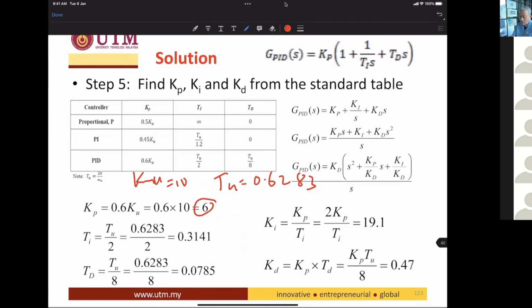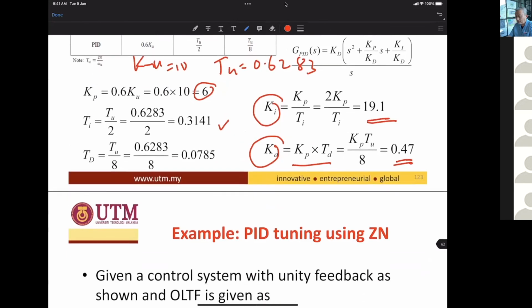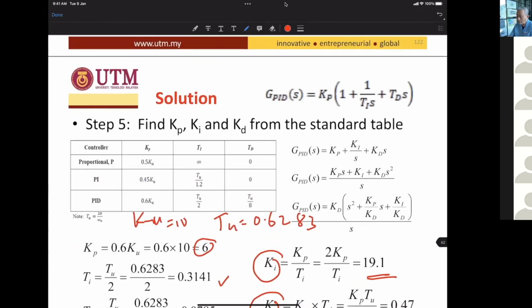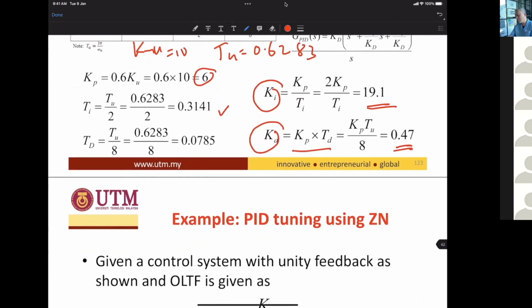Ti is equal to Tu divided by 2, so 0.3141. Td is Tu divided by 8, 0.0785. Ki is Kp divided by Ti, 19.1. And Kd is Kp multiplied by Td, so 0.47. So we have the Kp, Ki, and Kd values, and then we can give the values to the technician so that they can insert them into the controller to achieve the PID controller purpose.